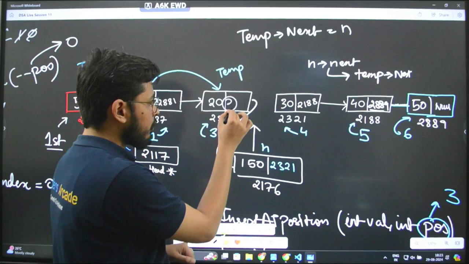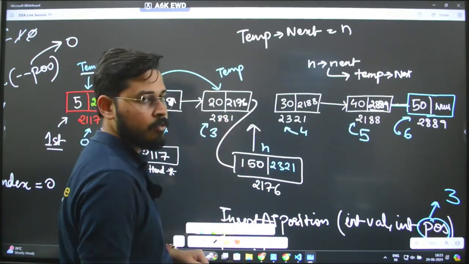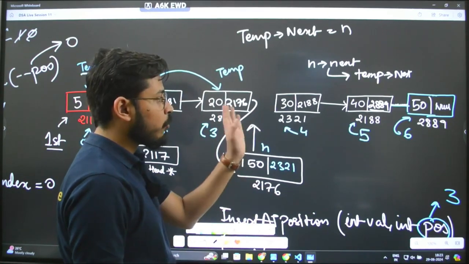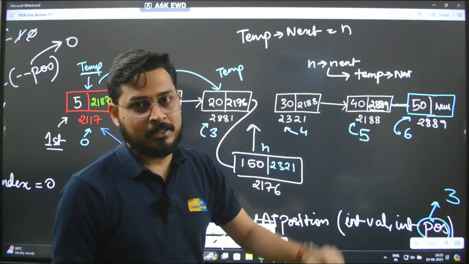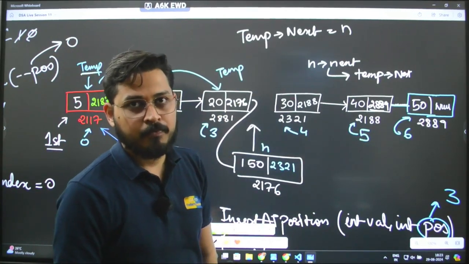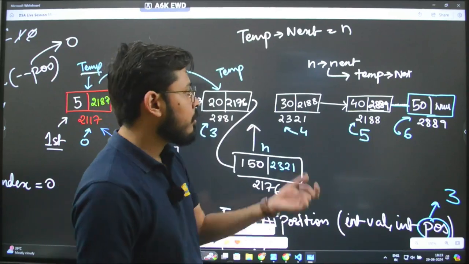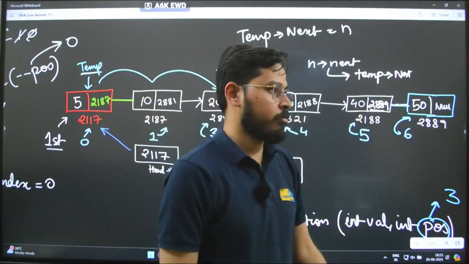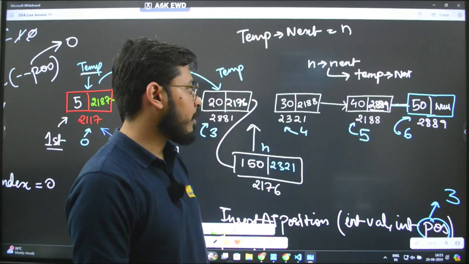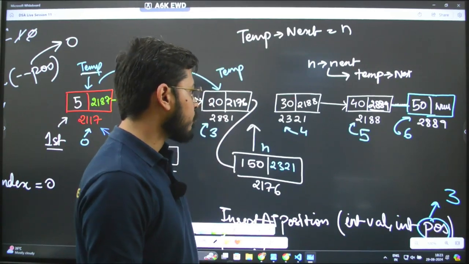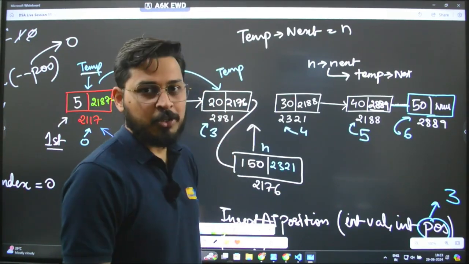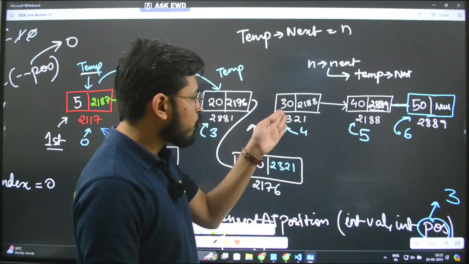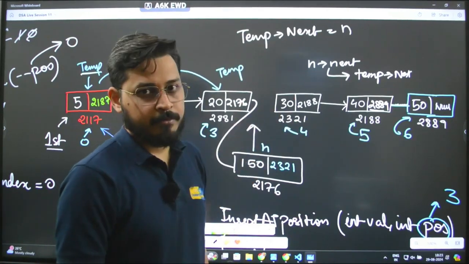So this now stores 2176, but you remember that you have abandoned the rest of the linked list in that case. You understand my point? This thing has been broken. Why has it been broken? Because you have forgotten the 2321. 2321 was stored here.